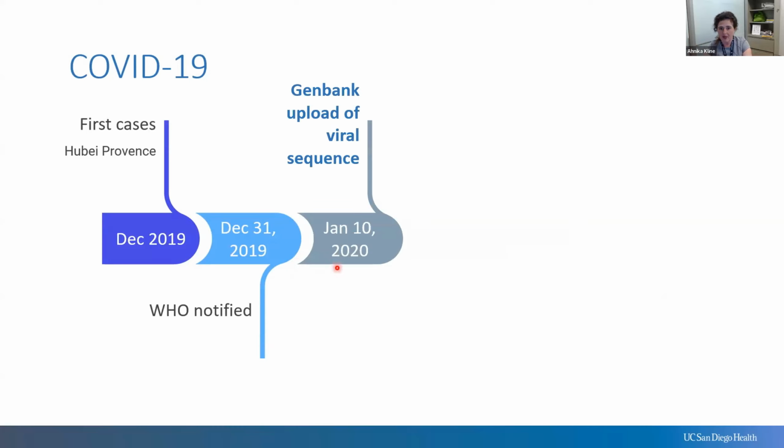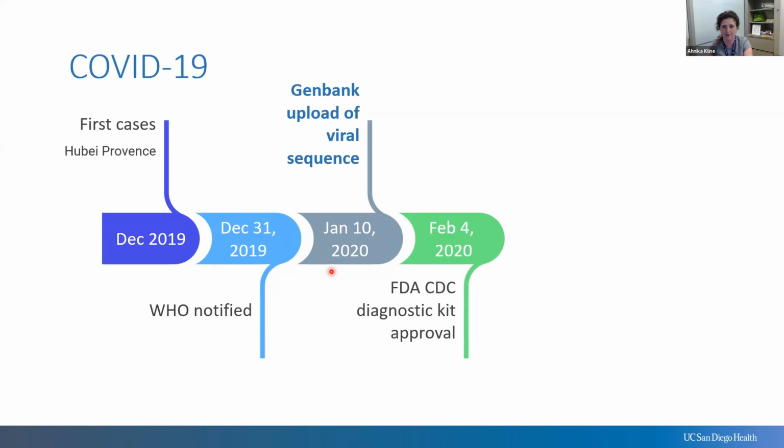On January 10th of 2020, about 11 days after the WHO was notified, the GenBank upload of the viral sequence was done. That is a contrast to the identification of the original SARS-CoV-1 as a coronavirus, which was many months after the first case and 2 months after the WHO was made aware. This was within days. And I think that tells you what has changed in 2020 compared to 2003.